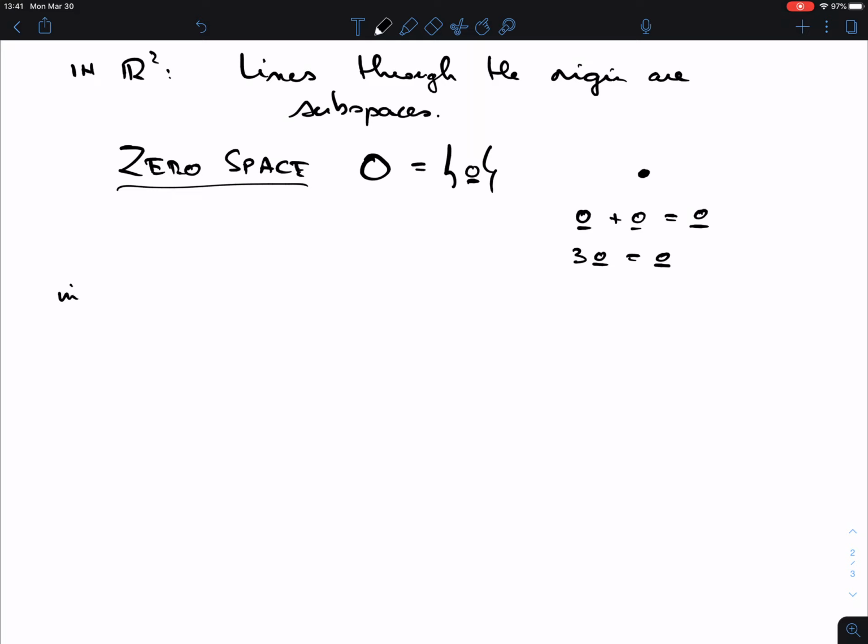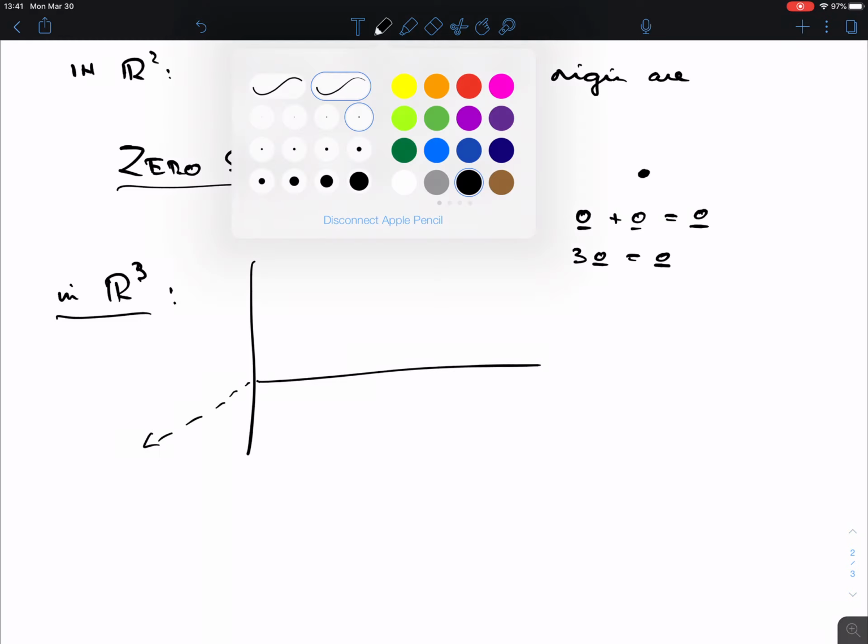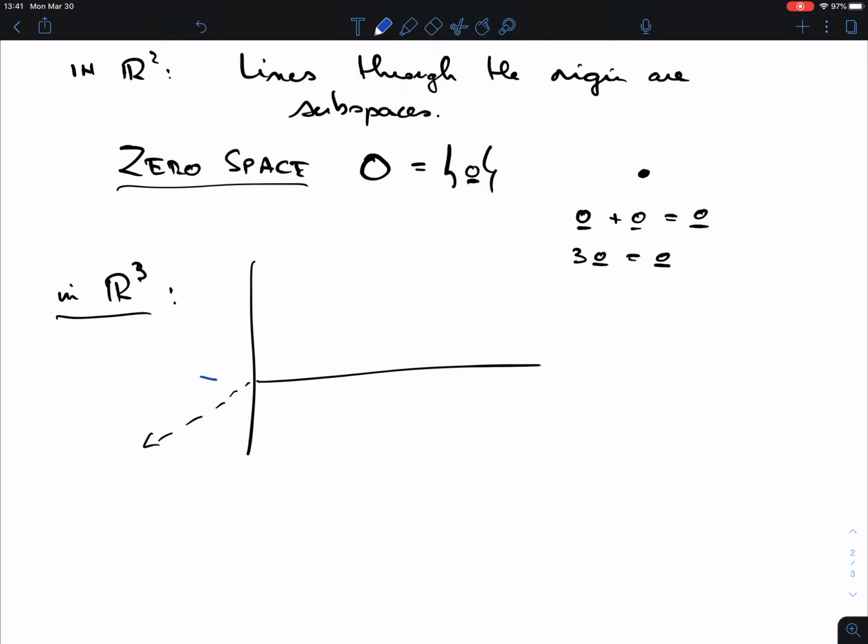So what about our cube, the three-dimensional space? Well, again, lines through the origin, right? So now in 3 dimensions. Let me redraw this. Sorry. So we have this. If I take any line through the origin, so let's draw a line here through the origin.